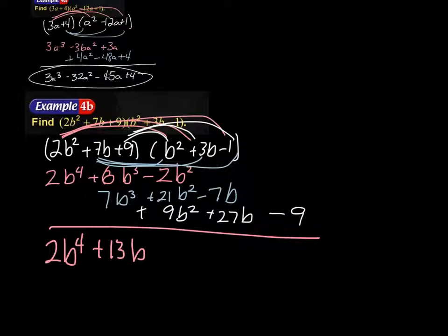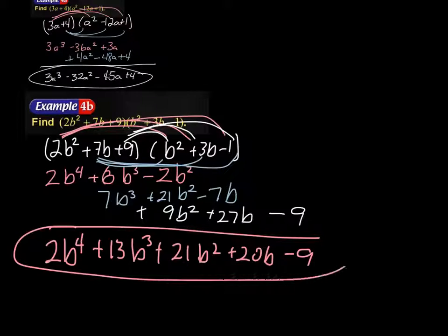Negative 2 plus 21 is 12. Plus 9 is 21b squared. Negative 7 plus 27 is 20b. And minus 9. Oops, left off my cubed. I'm in the 13b cubed. It was there. Just forgot to write it down.